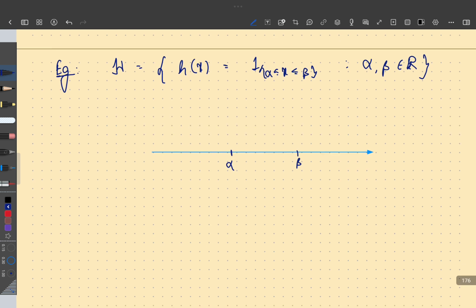And let's say that my base hypothesis class is the set of all h(x) which can be written as x greater than or equal to theta.